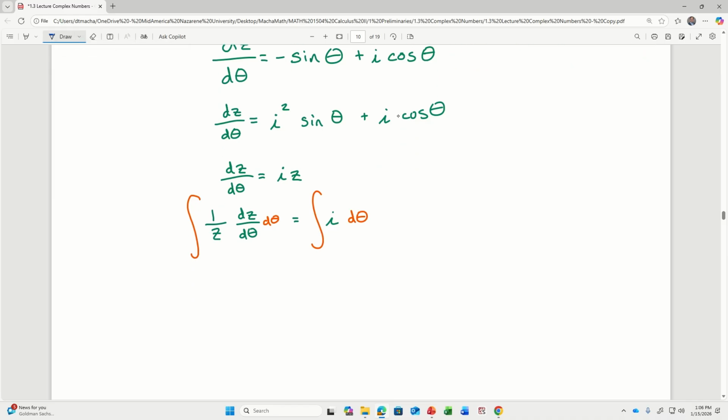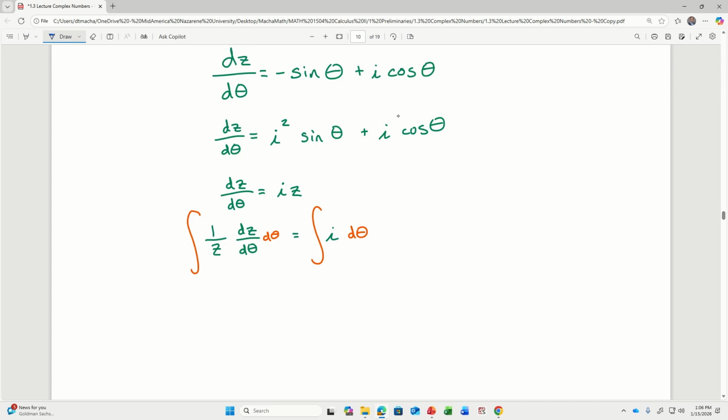I want to think about the right side first. Remember, i is a constant. So if I take the antiderivative of a constant with respect to the variable theta, what is that antiderivative? Can you repeat the question?